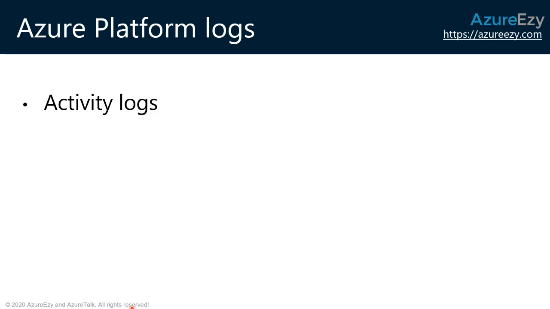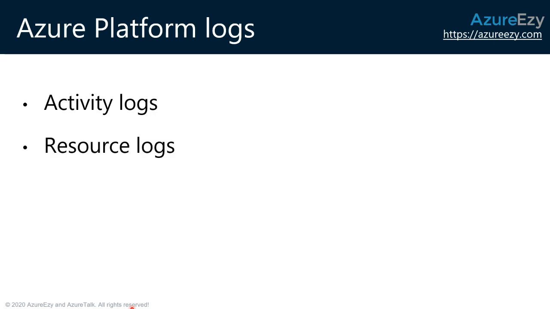Activity logs are the logs that will be helpful to tell you what things are being changed at the Azure platform level, such as who is doing something with the Azure VM, some configuration change on the VM, if they are changing its size or some other information, or if they are creating resources in Azure, who is creating what, who is deleting what. All that kind of information is available by looking at the activity log.